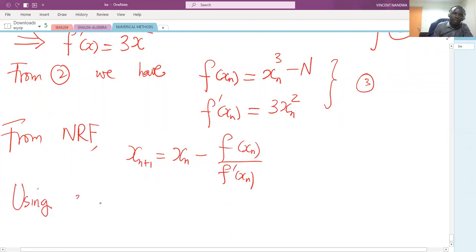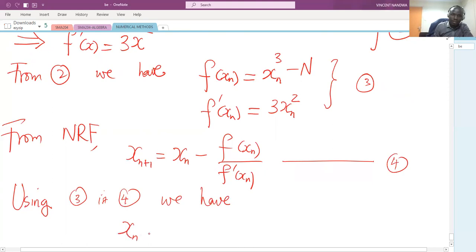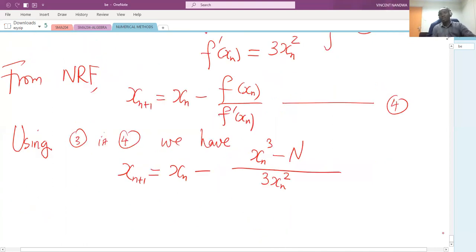Let me call this statement 4. Using 3 in 4, we have xn plus 1 equals xn minus, in the place of f of xn we put xn cubed minus n, over 3xn squared.